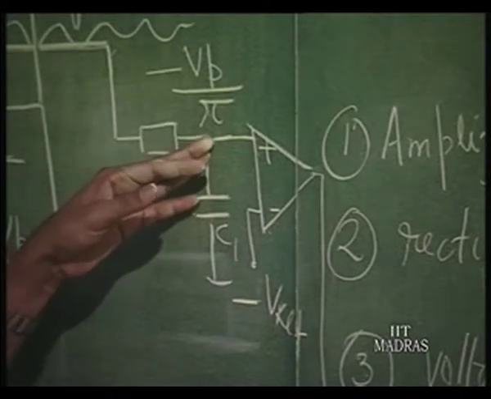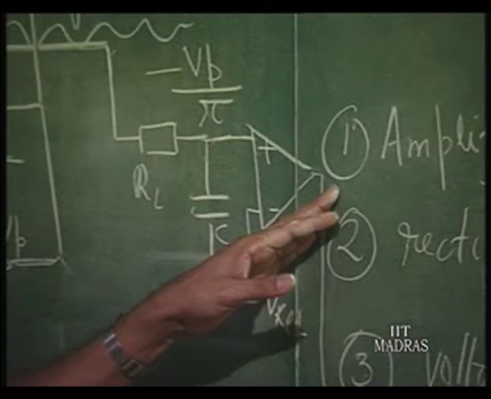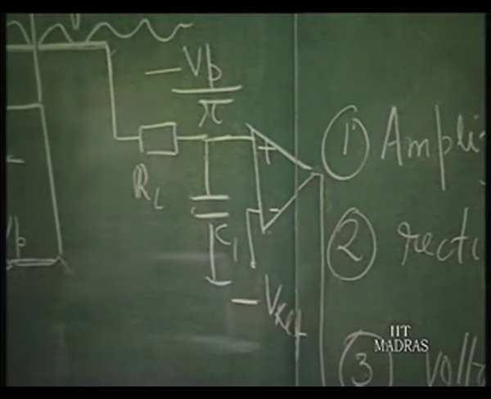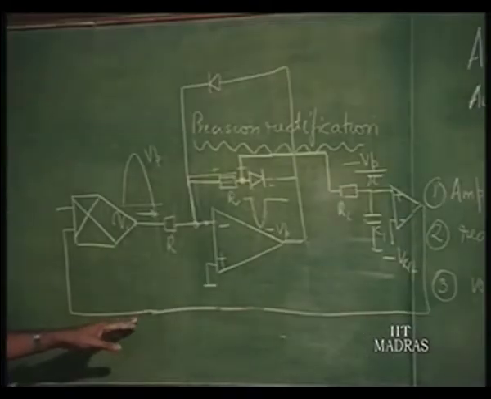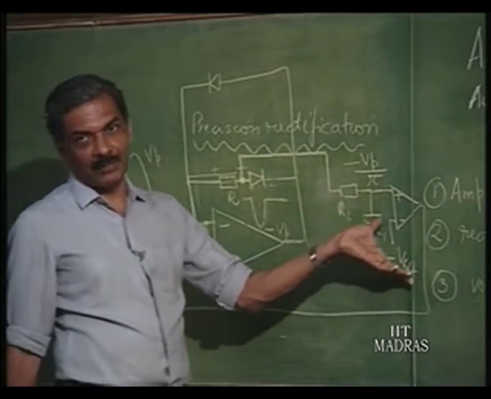This becomes more negative, that means this is going to become more negative, or it will go to negative saturation. It is becoming more negative, but I am assuming that it is working for positive voltage, that means it becomes less positive, that means gain reduces. So, this is negative feedback here.